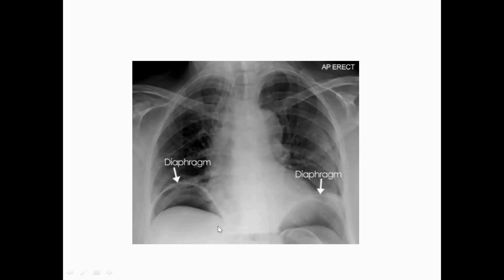So first, what's pneumoperitoneum? It's gas or air trapped within the peritoneal cavity. I mean within the peritoneal cavity, but also the lumen of the bowel. Pneumoperitoneum is one of the features of bowel obstruction.